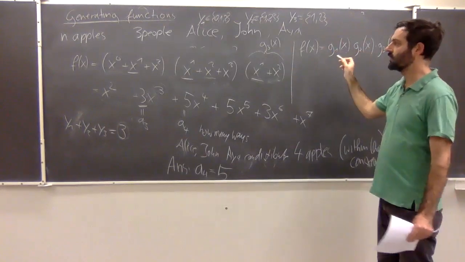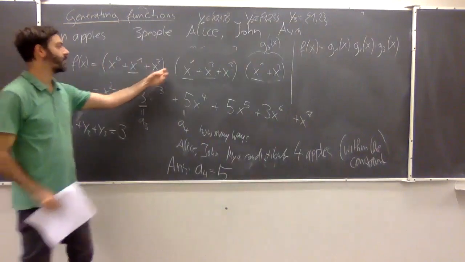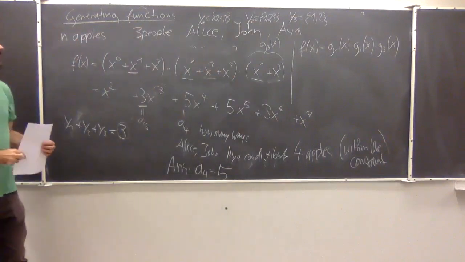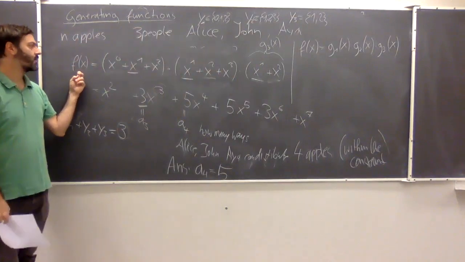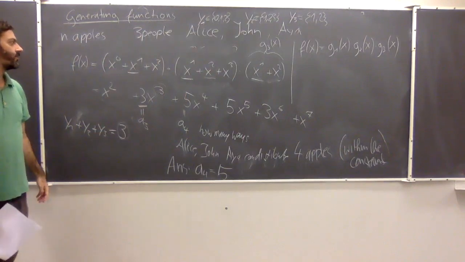And that means that if you multiply the generating functions together, this product gives me a generating function which combines the ways of doing something.